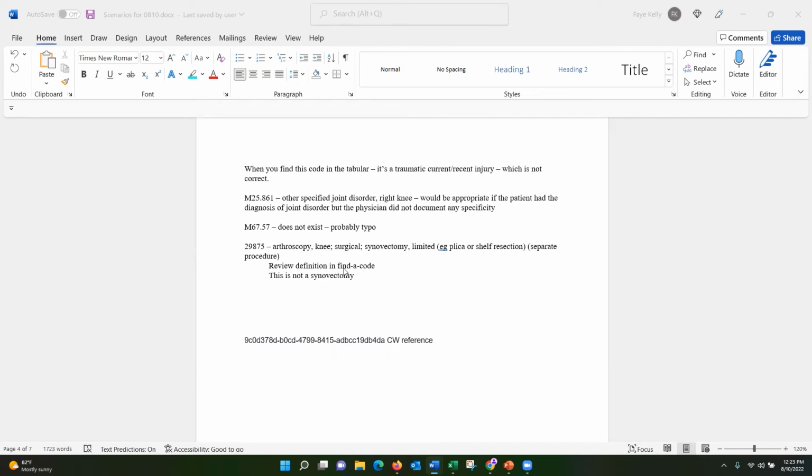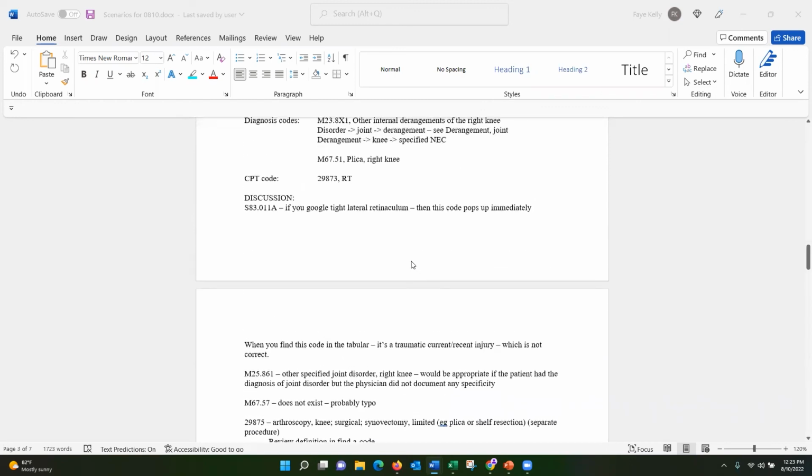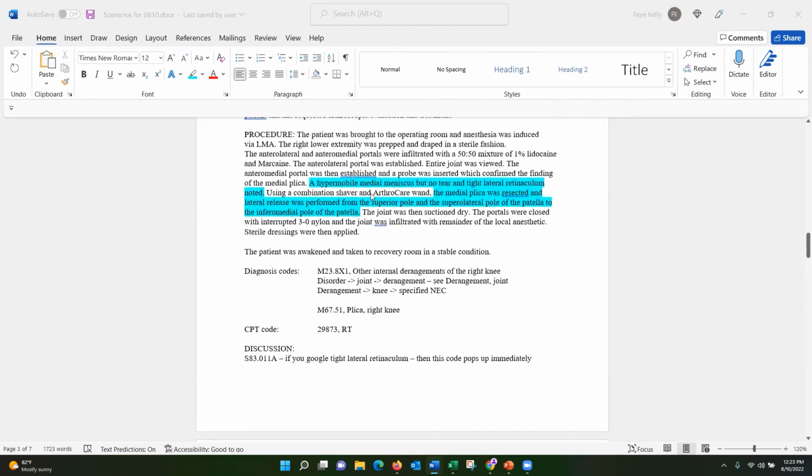So it's a good idea to go back and read the definition for this code, because that is a specific procedure that was not done. There is no indication here that there was a synovectomy, the removal of synovial tissue. That was not performed.